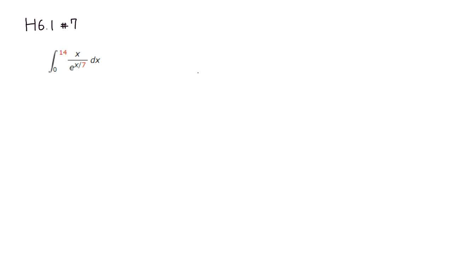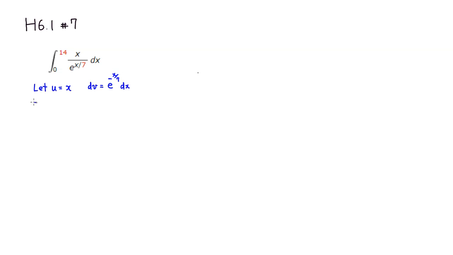In this case, let u be x and dv be, since e is sitting on the bottom, I'm going to write it as e to the negative x over 7 dx.